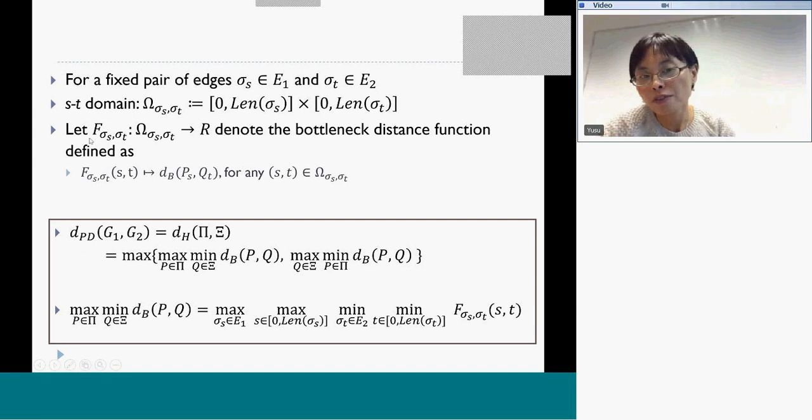Two points S and T in the ST domain correspond to two base points S and T in graph G1 and graph G2, and F of S,T is simply defined as the bottleneck distance between their corresponding persistence diagrams. Once I know the description of this function, and if it has a simple enough description, we'll be able to compute the persistence distortion between G1 and G2.